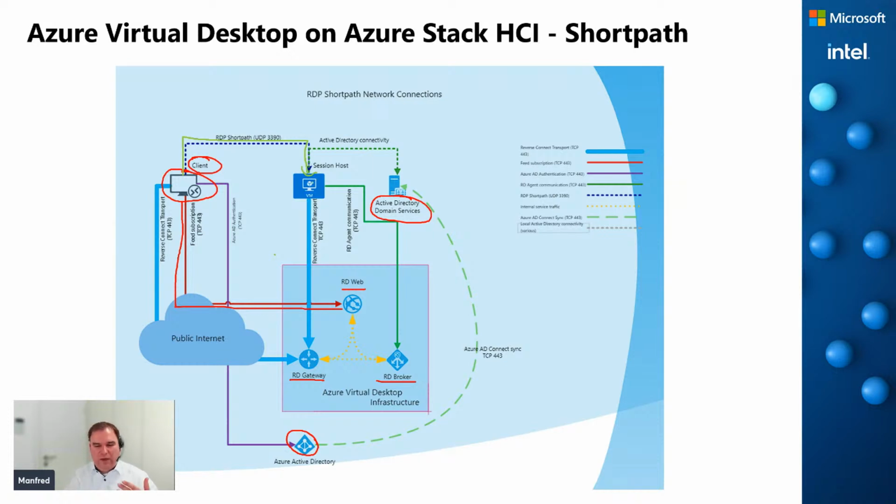So our advantage is we have lower latency, we have higher bandwidth, we have reduced load on our public internet connection, and so we have the best experience for connecting to our virtual desktops.